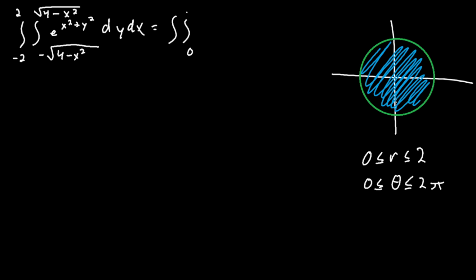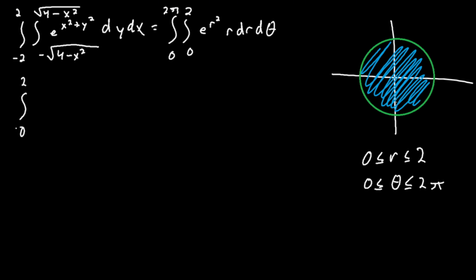So if we set up our integral, we get 0, 2, and 0, 2 pi, and x squared plus y squared is equal to r squared. So we have e to the power of r squared. And dy dx turns into r times dr d theta. So this is our integral now.